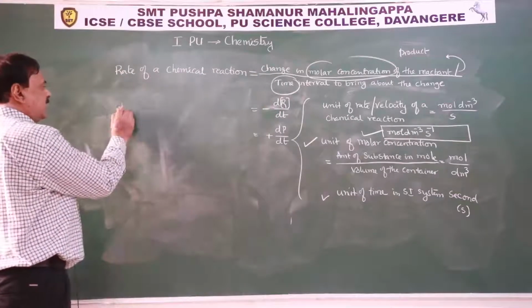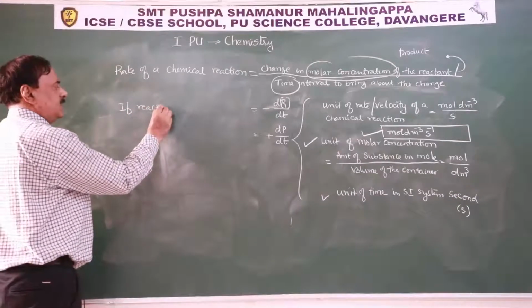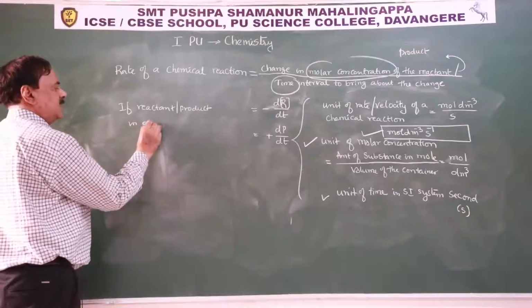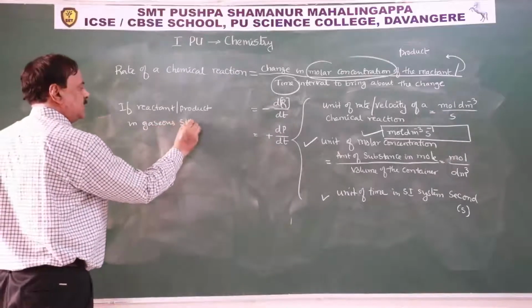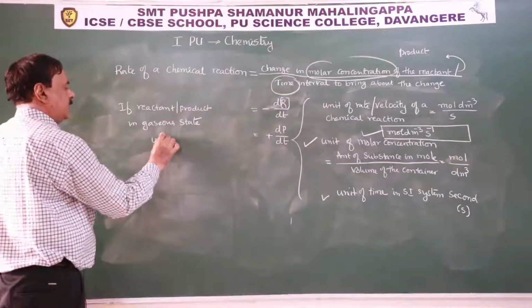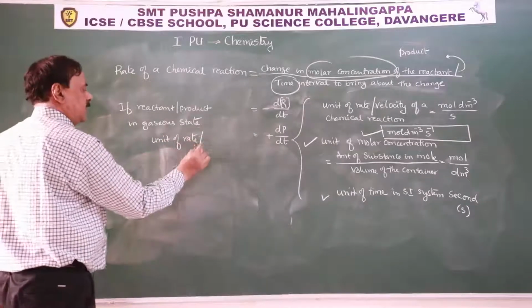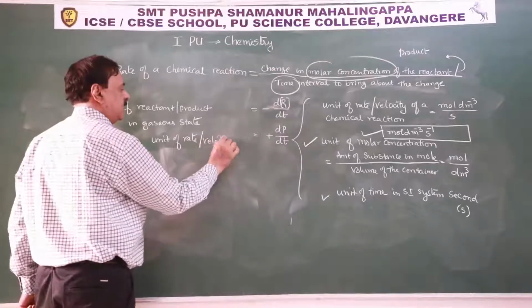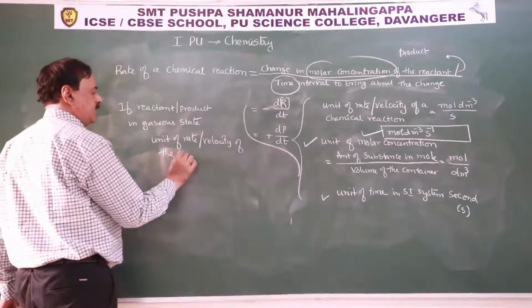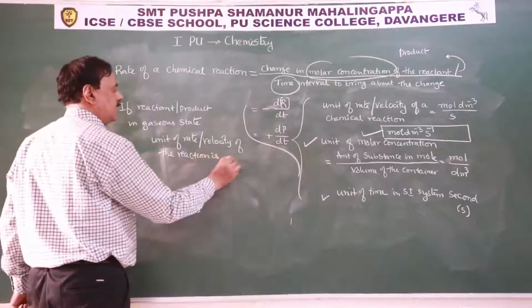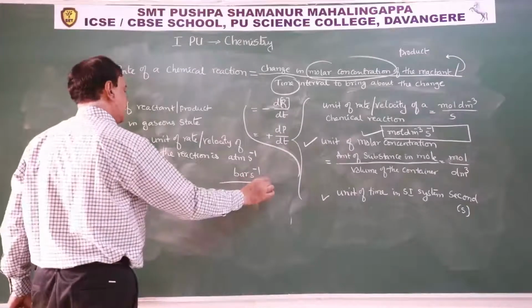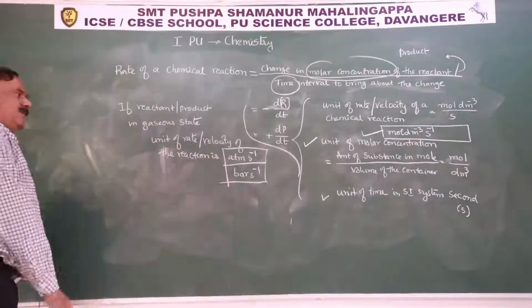If reactant or product is in gaseous state, the unit of rate or velocity of the reaction is atmosphere per second or bar per second, because we are expressing the concentration of the gases in terms of partial pressure.